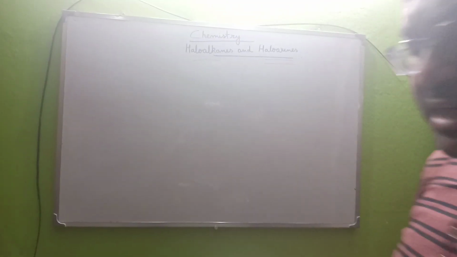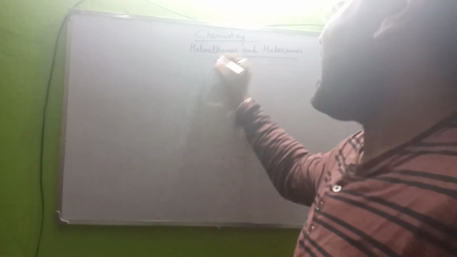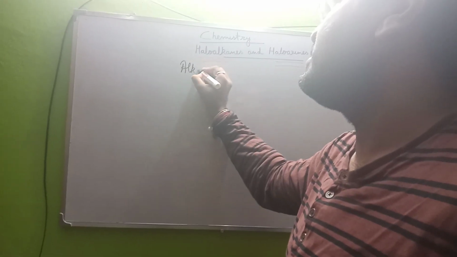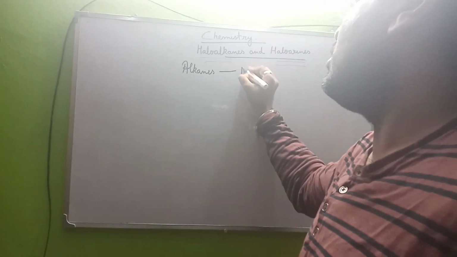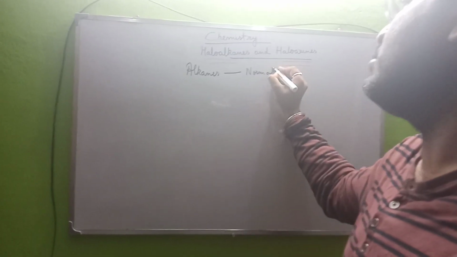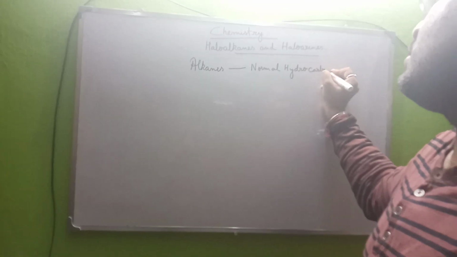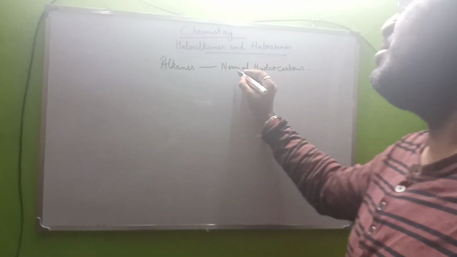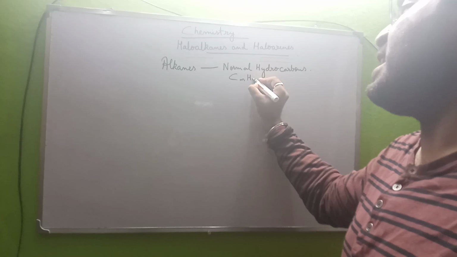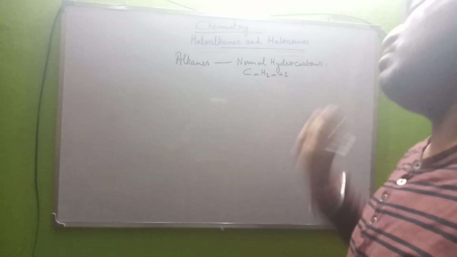Now, under haloalkanes, alkanes means normal hydrocarbons. They have a formula which we all know, CnH2n+2.